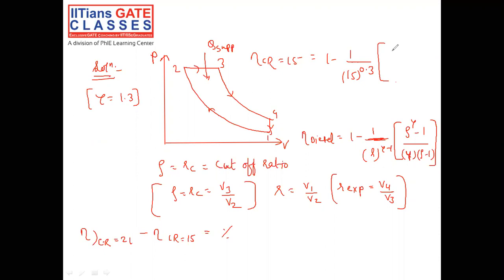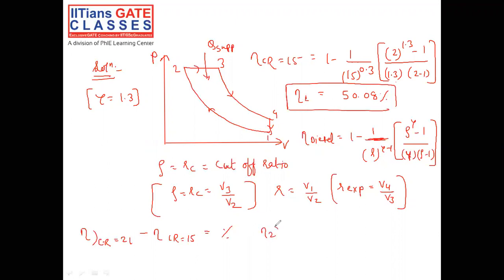Now rho, that is the cutoff ratio, is given as 2, so rho power gamma minus 1 divided by 1.3 times 2 minus 1. Of course 2 minus 1 is 1. Now if you calculate, you will get around 50.08 percent, efficiency 1. Similarly, if you calculate at compression ratio 21, you are going to get around 54.87 percent.